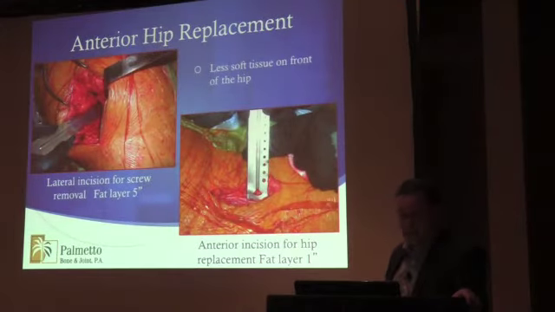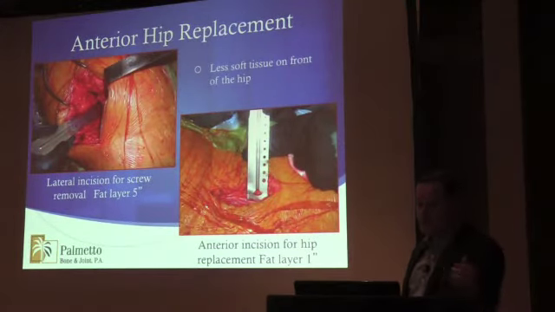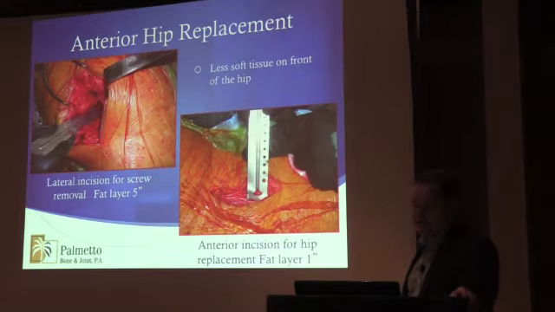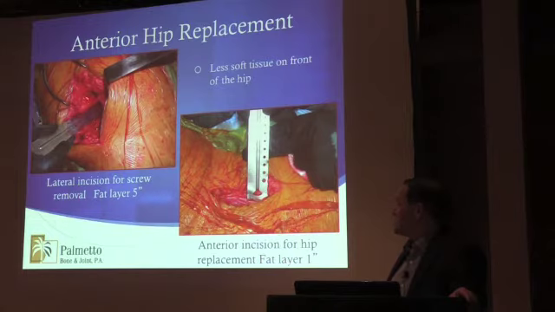The other benefit with the anterior approach is just the amount of soft tissue there. This is the exact same patient. They had a hip fracture previously and had a plate and screws on the outside of their hip, and they needed a hip replacement. So this is the incision that was used to take out the plate, which would be your typical incision to do a posterior approach hip replacement.